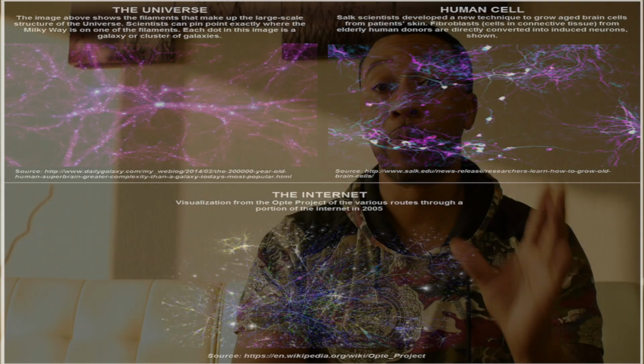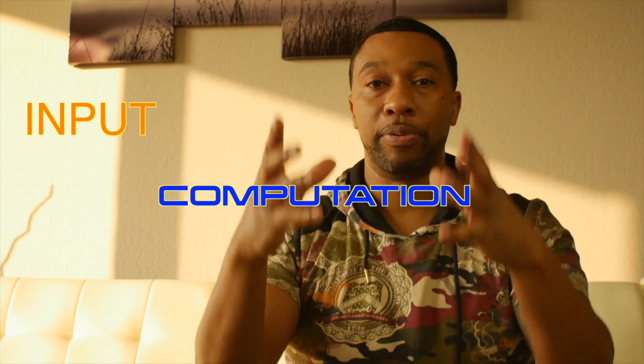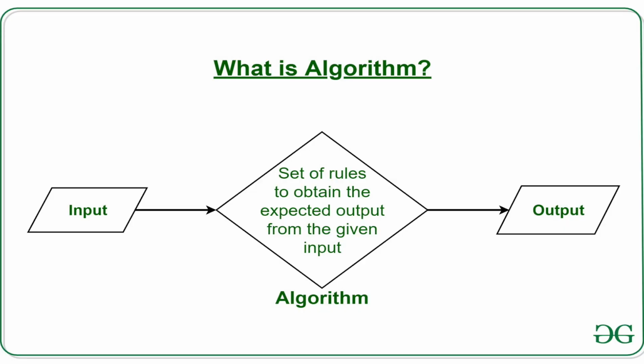So how does an algorithm work? Well, there is an input. The input goes into a computation or a program, and then as it's programmed and computed, there's an output. So it goes input, computation, output. That's how algorithms work. There's something that causes it, it does something, and then there's an effect.